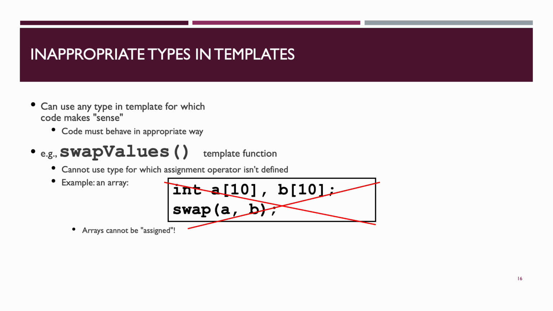For instance, arrays cannot be assigned directly, so attempting to swap two arrays using this template would result in an error. That's why it's crossed, it's not right, that will give you an error. So you have to remember that templates require the types used to support the operations defined in the template. If a type doesn't support a particular operation like assignment, it cannot be used in the template for that operation.